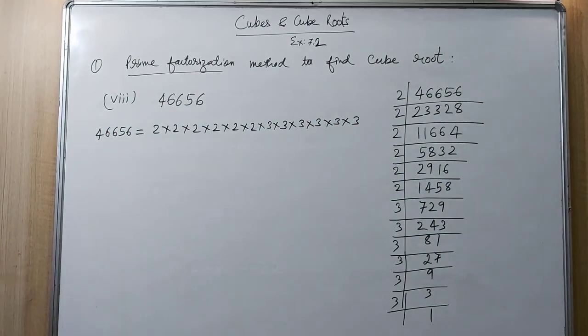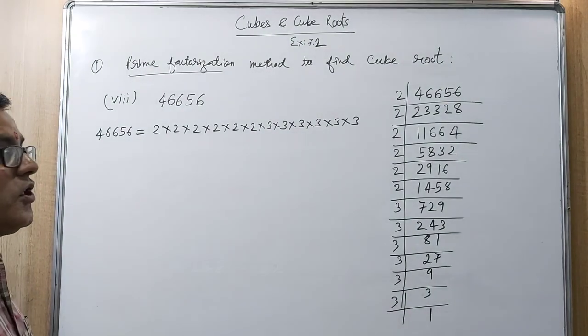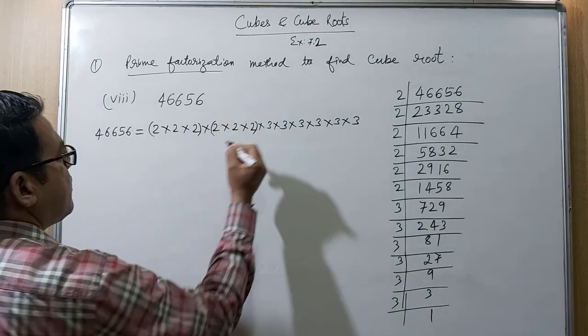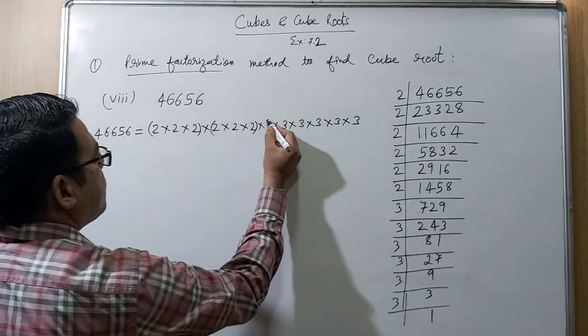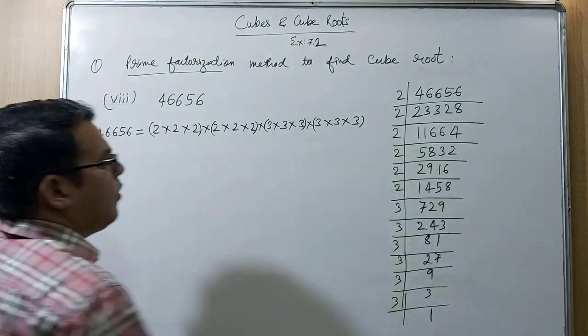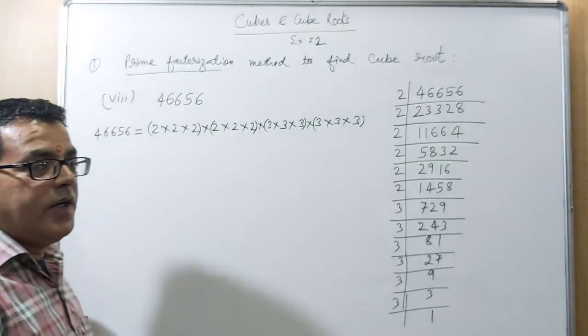Right? These are the factors. Now let's make triplets. This is the first triplet, this is the second triplet of 2's. This is the first triplet of 3's, and the second triplet of 3's. We are able to make triplets of each and every factor.